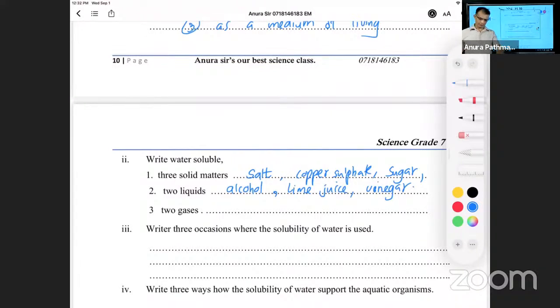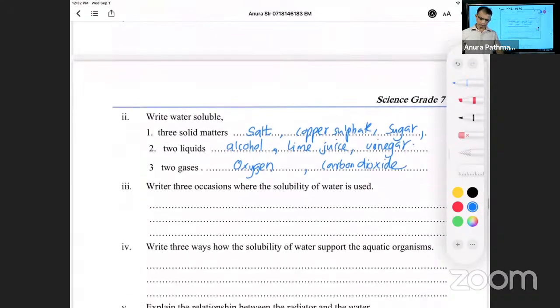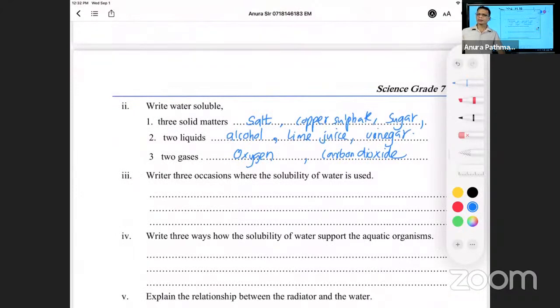No need of that, sir. 2 gases: oxygen, carbon dioxide. Mostly demanded one, oxygen, carbon dioxide, nitrogen. If nitrogen is water soluble, the whole thing will be dissolved in the sea.